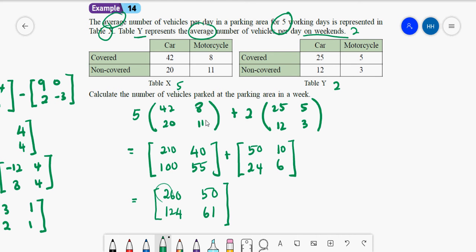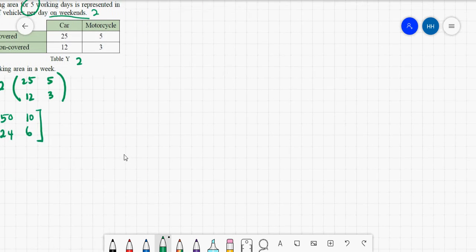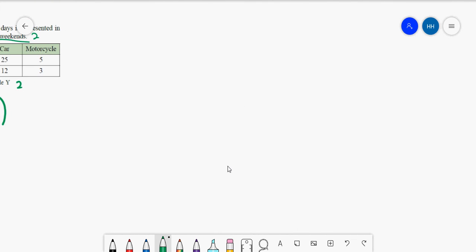Okay, so that's all. So we do the conclusion here. The conclusion for this lesson is you learned about the scalar multiplication of a matrix.